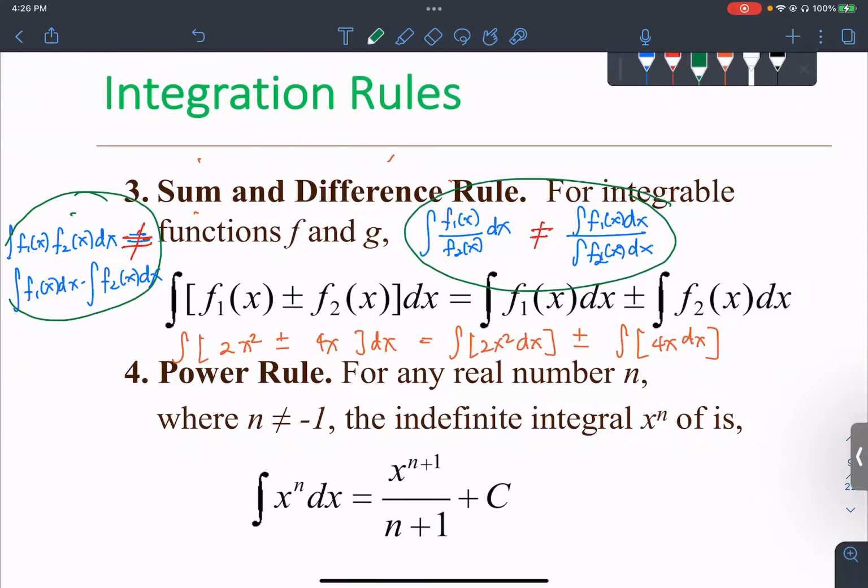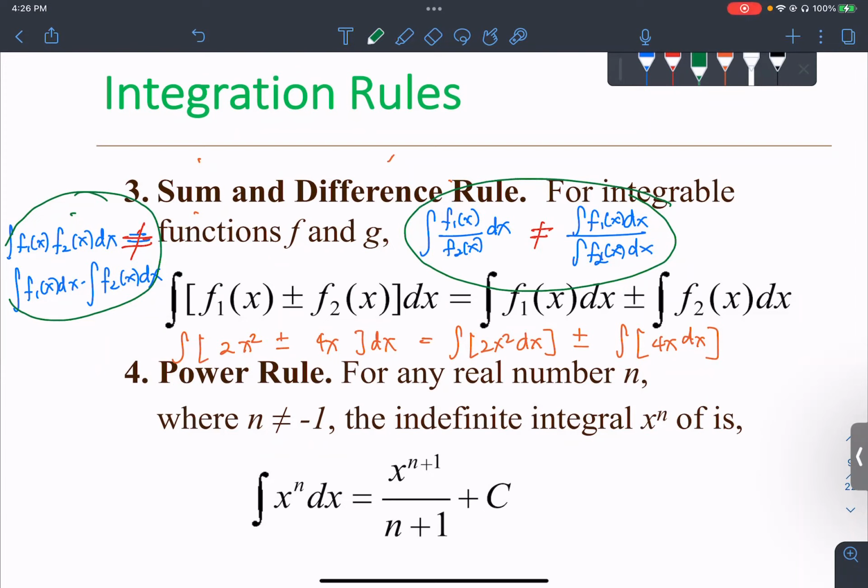Sir, paano kapag ganyan siya? Okay, so if it is a product or a division, there are different ways on how to do it. The first thing that you can do is perform the operation first. Product ito, baka pwede mo silang i-multiply. Pag multiply mo, it will result to a sum and difference.